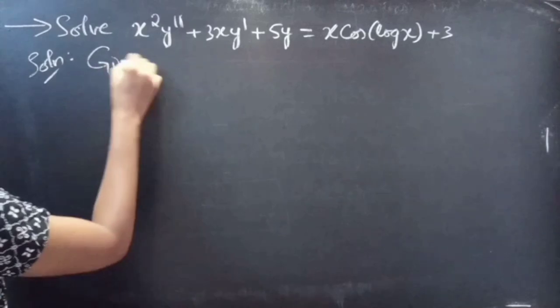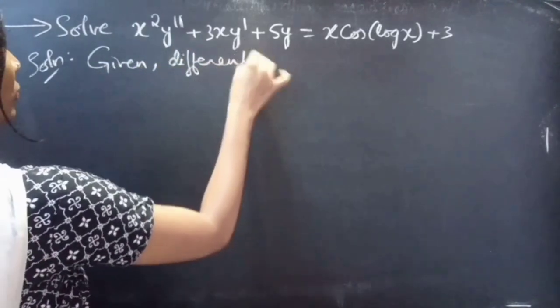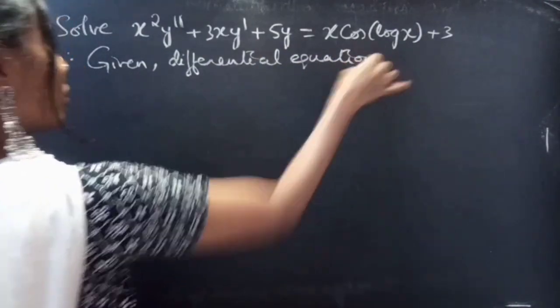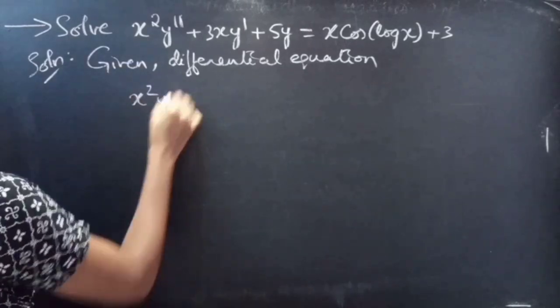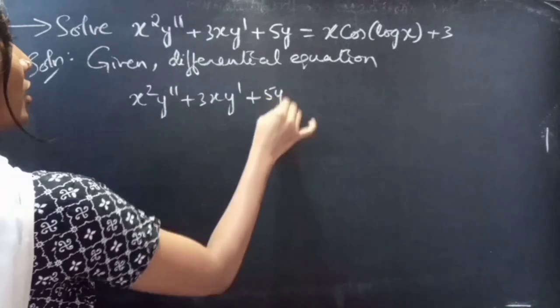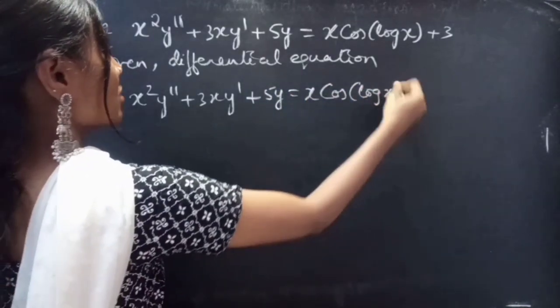Given differential equation: x square y double dash plus 3xy dash plus 5y equals x cos of log x plus 3.